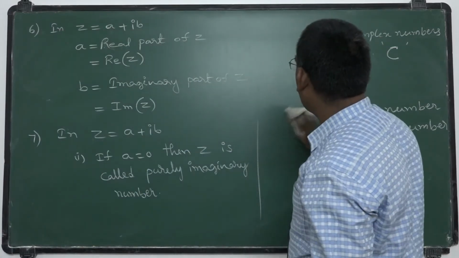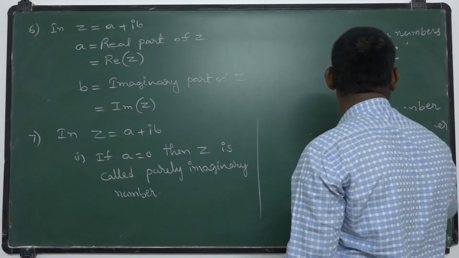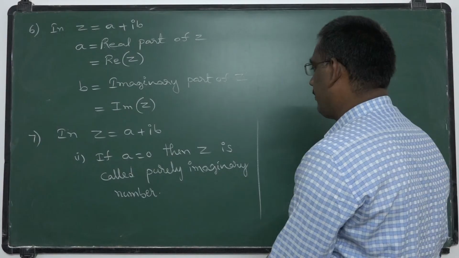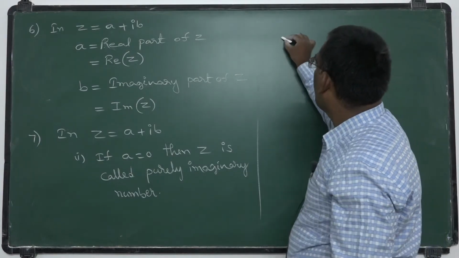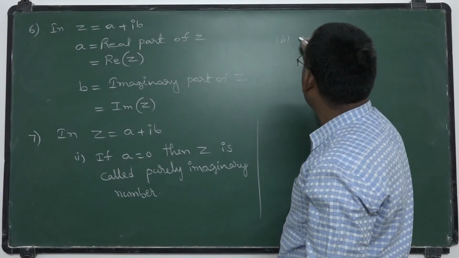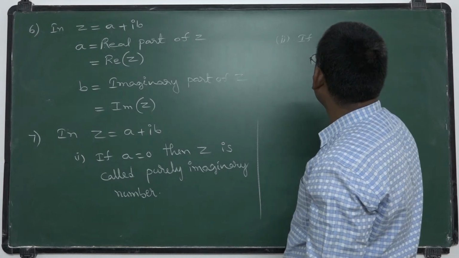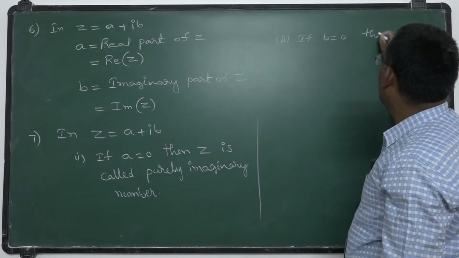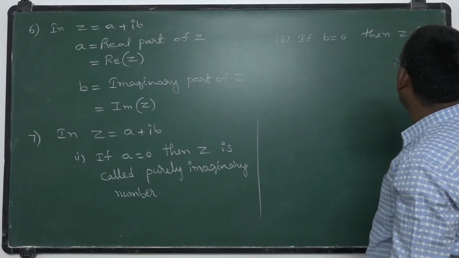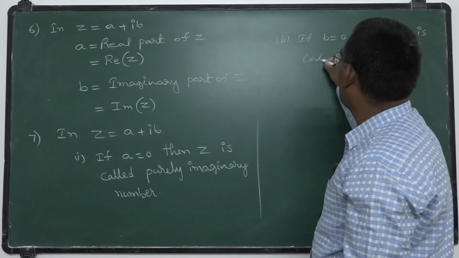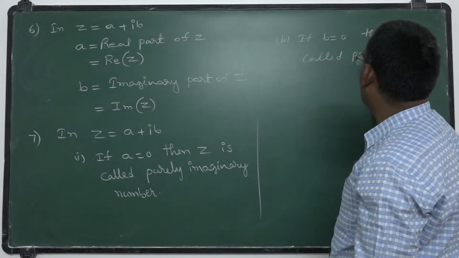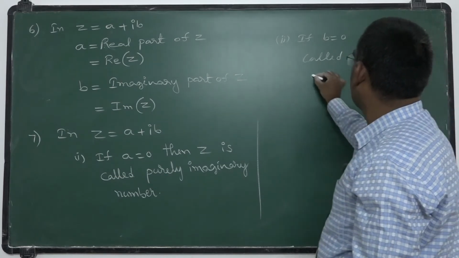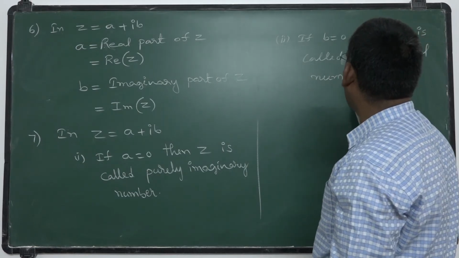If b equal to 0, then Z is called a purely real number.